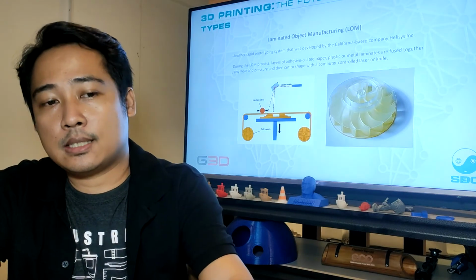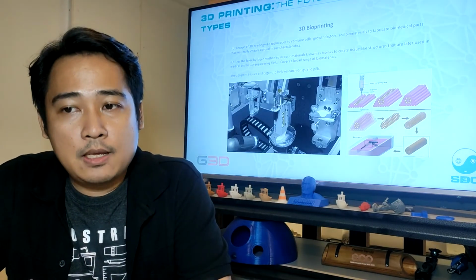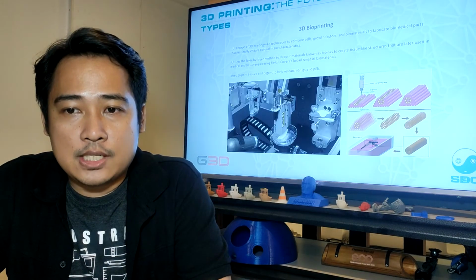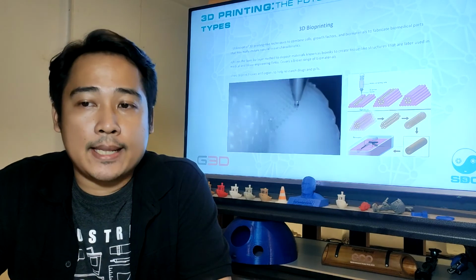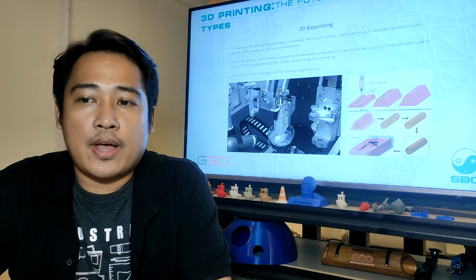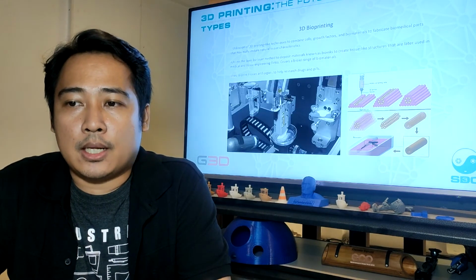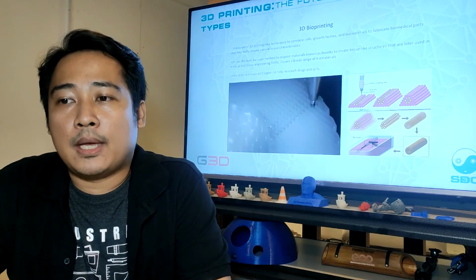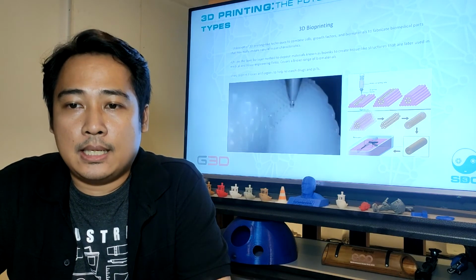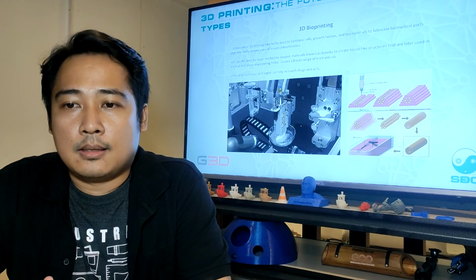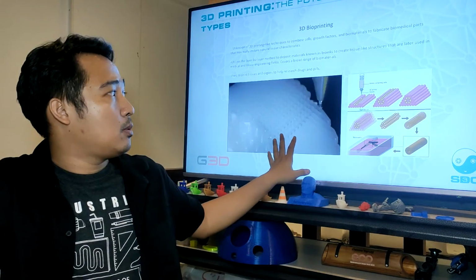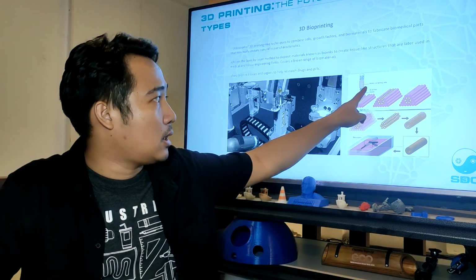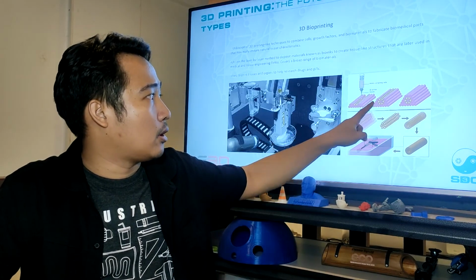So next technology is the 3D bioprinting. 3D bioprinting is the utilization of 3D printing like techniques to combine cells, growth factors, and biomaterials to fabricate biomedical parts that maximally imitate natural tissue characteristics. As you can see in the image below, this is a bioink and a 3D printer nozzle.